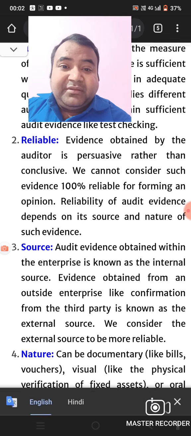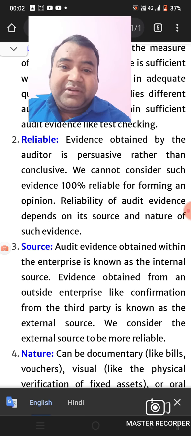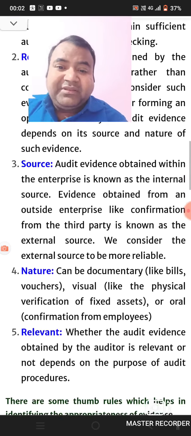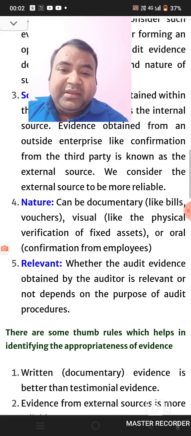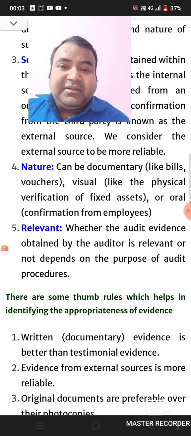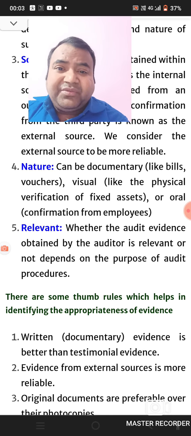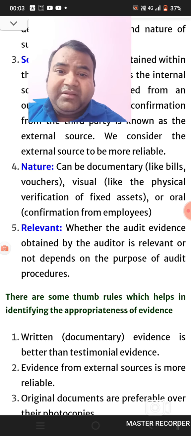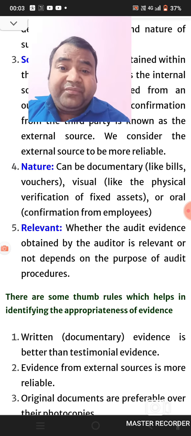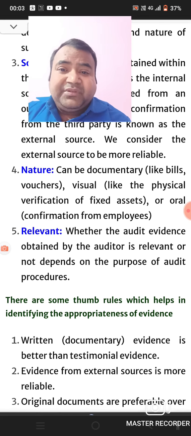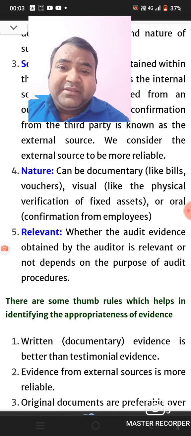So reliability depends on the sources as well as the nature of the evidence. When we talk about nature, it can be documentary, like bills or vouchers. It can be visual, like the physical verification of fixed assets, or oral confirmation from employees. These are the natures of evidence.